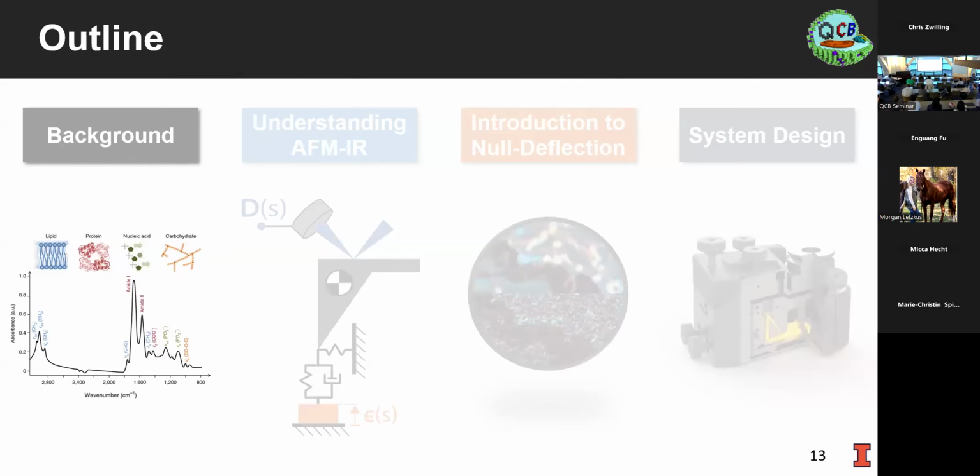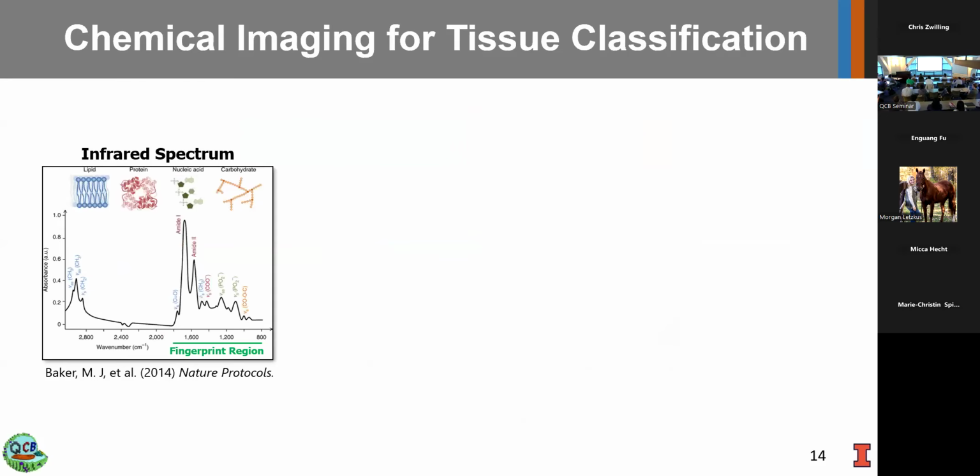So my talk is split up into 4 sections. First, I'm going to give a little background on IR spectroscopy and near field spectroscopy. Chemical imaging techniques such as infrared spectroscopy provide label-free chemical contrast based on the molecular composition of the sample.